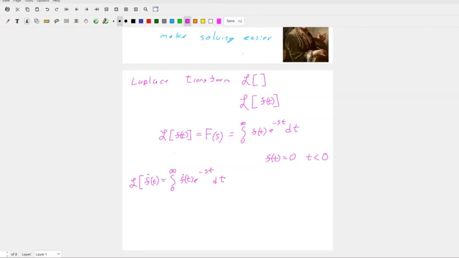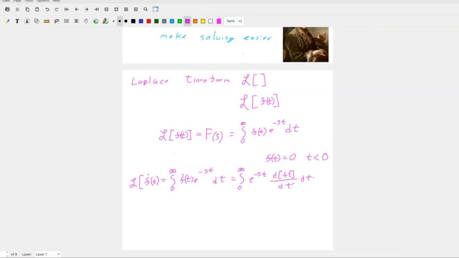So I need to take that derivative, so I can just break that out into my integral from 0 to infinity of e to the negative st d of f of t with respect to dt.